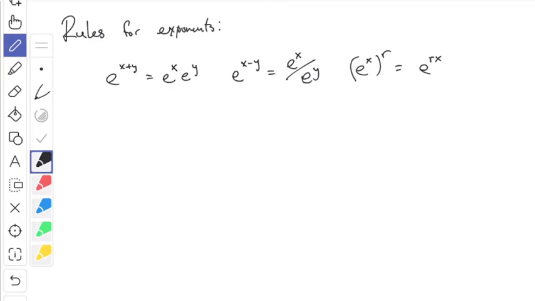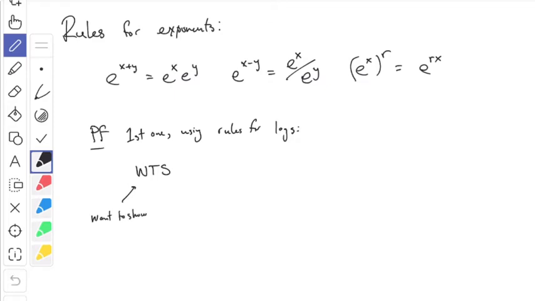So check it out. Let's just prove the first one, this is very simple, using rules for logs. Here's a little proof lingo: WTS means I want to show.